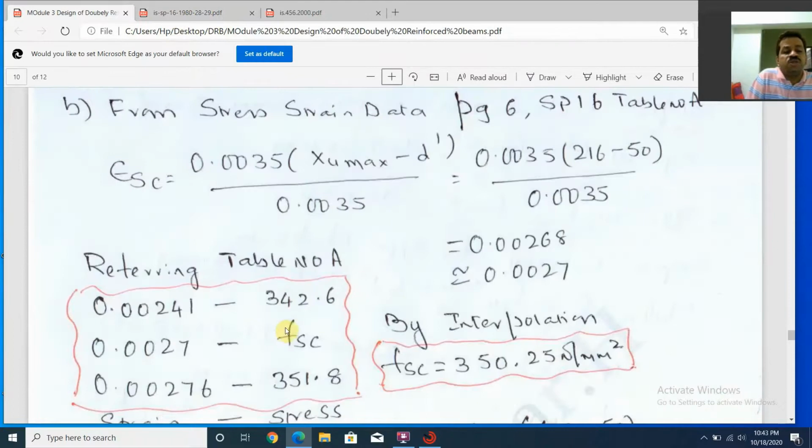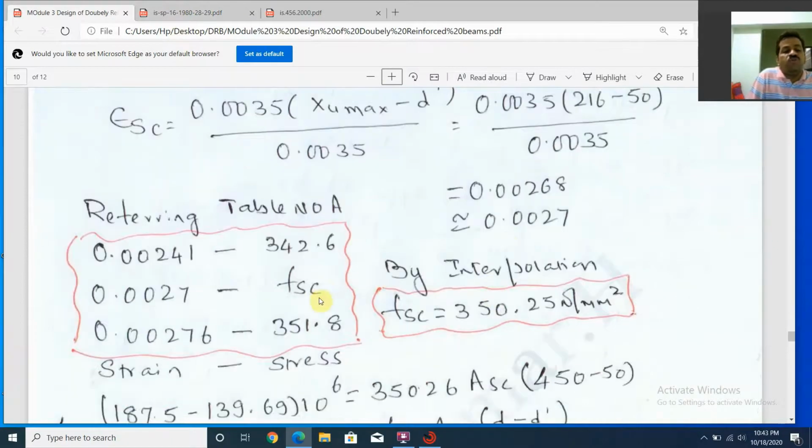Now for the actual value of 0.00268, what will be the value? Do it by interpolation, and you will get Fsc equal to 350.25 Newton per mm square. Both values are in that range only, hence the value is correct.